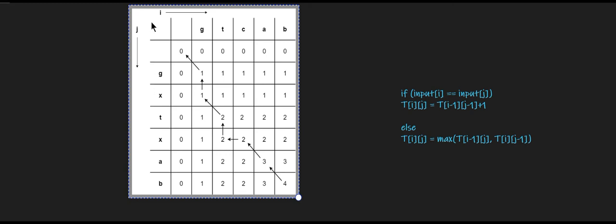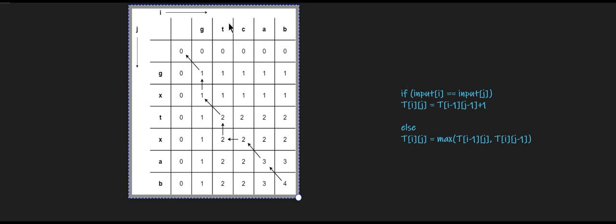We denote the row by the letter I and the columns by the letter J, and the second row and the second column are populated with zeros to start the algorithm. You can also see that the sequence starts from the third column and the third row. So the second column and the second row do not contain any character, so we fill them with zeros.